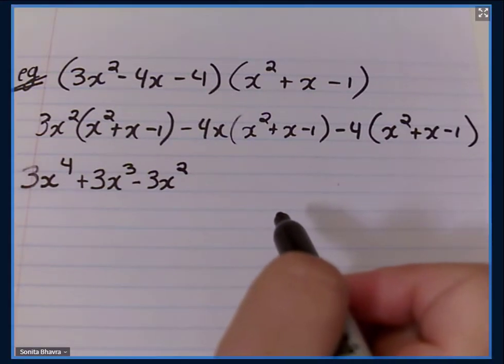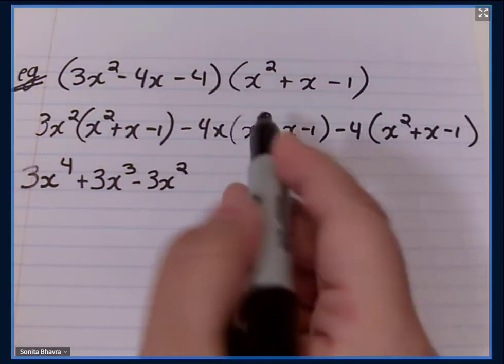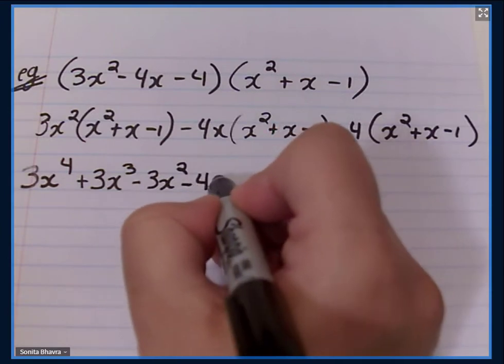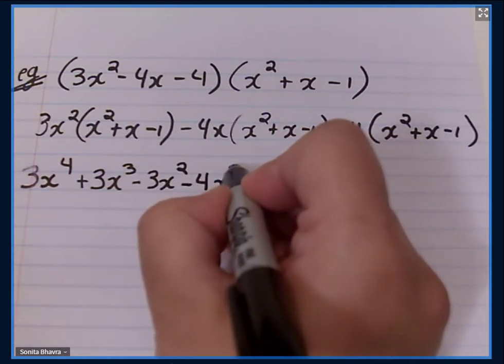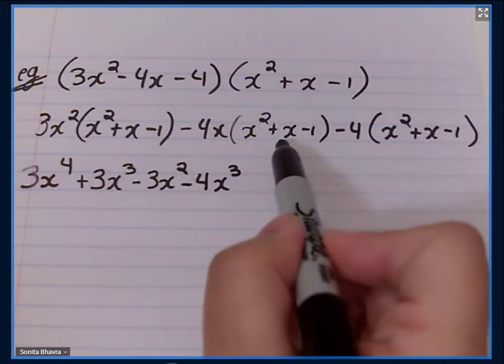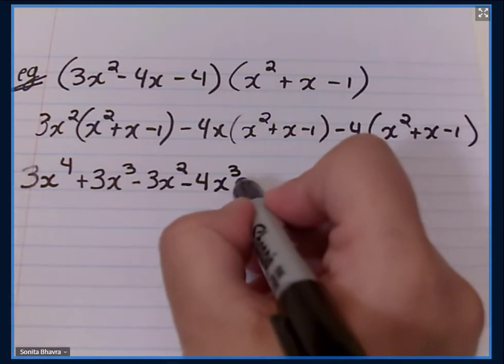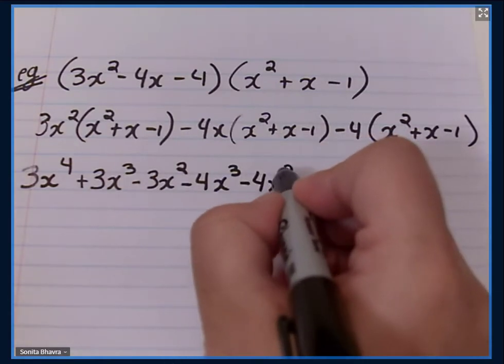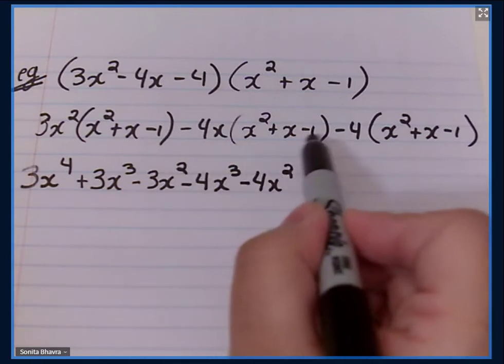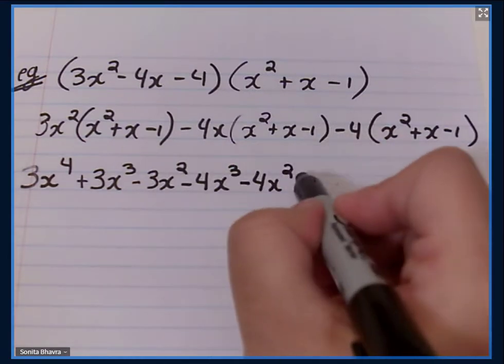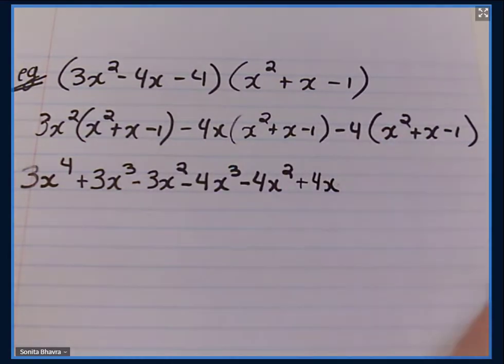All right, next bracket, negative 4x times x squared. That's negative 4x to the power of 3. Negative 4x times x is negative 4x squared. Negative 4x times negative 1, that is plus 4x.